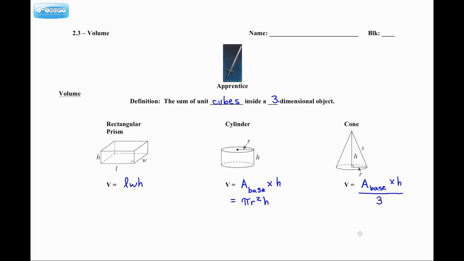Another way to write that, you can divide the whole thing by 3, or you can multiply by 1/3. So I'll use that version here. So it's 1/3 times the area of a base, which is the circle. So it's 1/3 pi r squared h. So it's exactly the same as the cylinder, only it's multiplied by 1/3, or say the same thing, divide by 3.